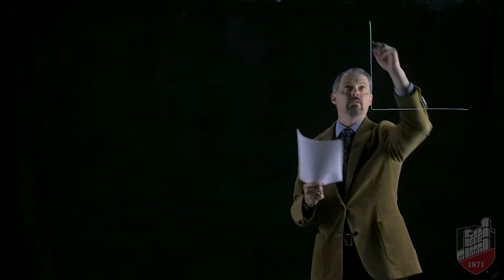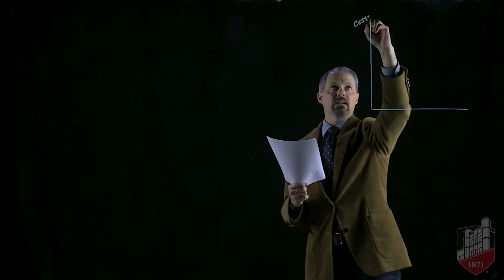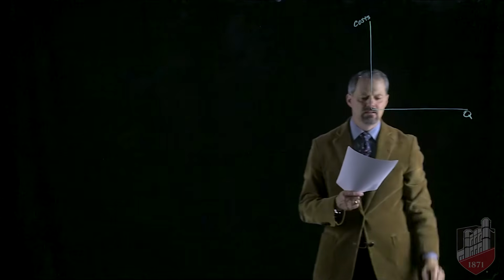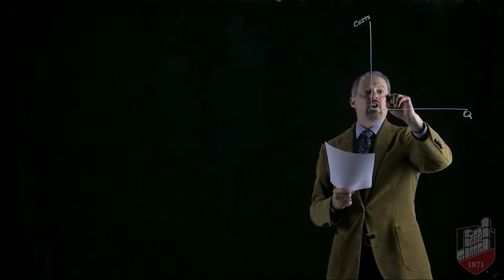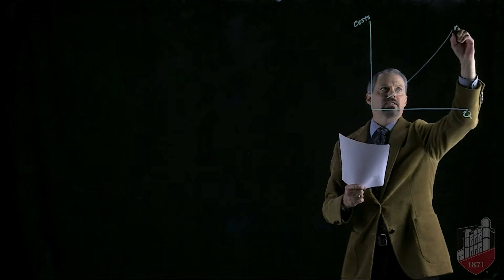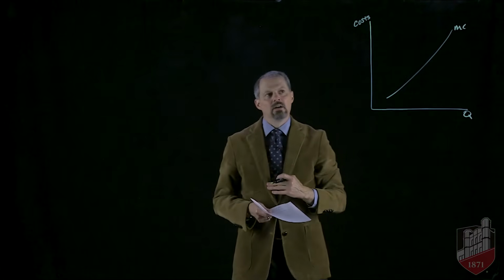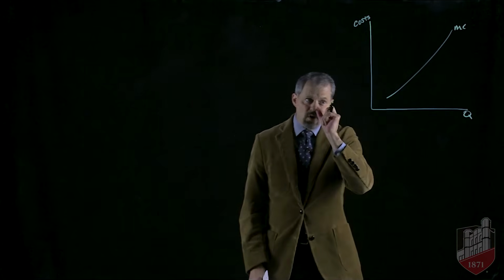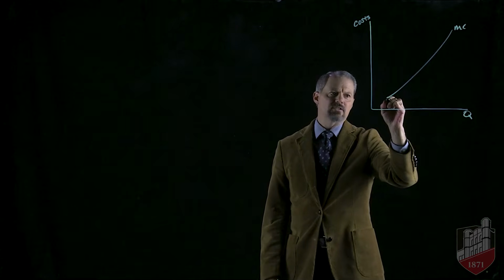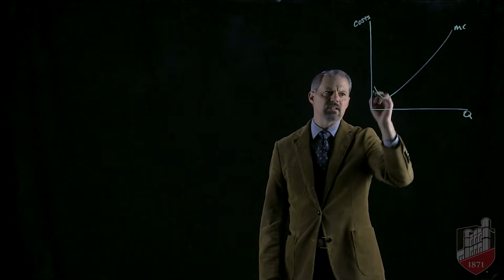All right, let's think about a cost curve picture that we're going to use frequently later on in the class, and that's going to be this picture. So we've got costs up here, vertical axis. We've got quantity down here. We're going to have our upward sloping marginal cost curve. A lot of times I will not draw it linear. In fact, the marginal cost curve typically looks like that.